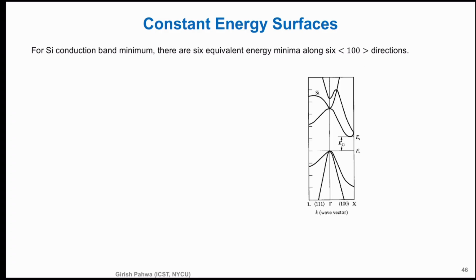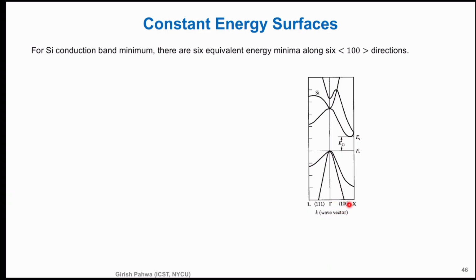So this is the EK diagram drawn along a particular direction, right? When I go from the gamma point, which is the origin, to the x point, basically gamma to x direction, it's the 100 direction. So I have written this bracket here.